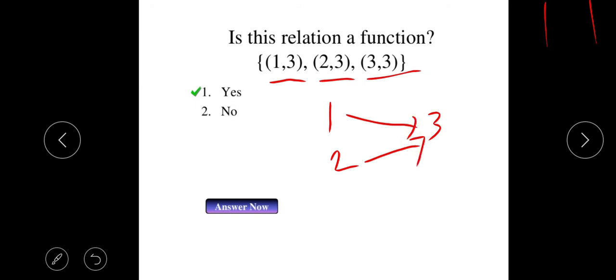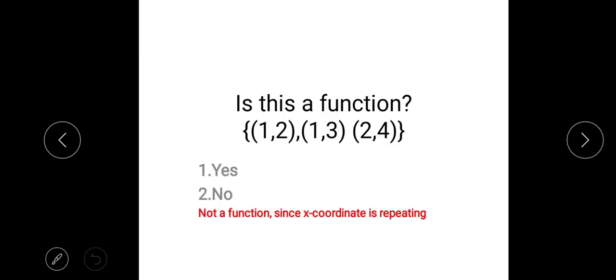And the third coordinate says when you are inputting 3, again the output is 3. So in this case, each member 1, 2, 3 is connected to a unique value 3. Therefore, this relation is a function. True.